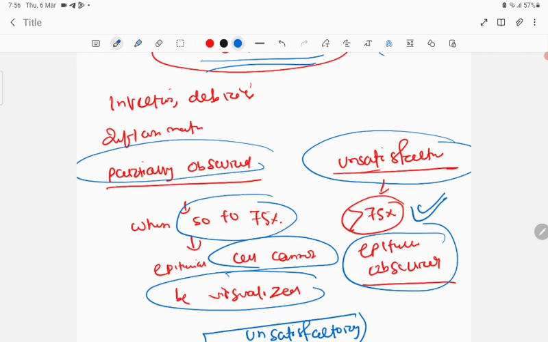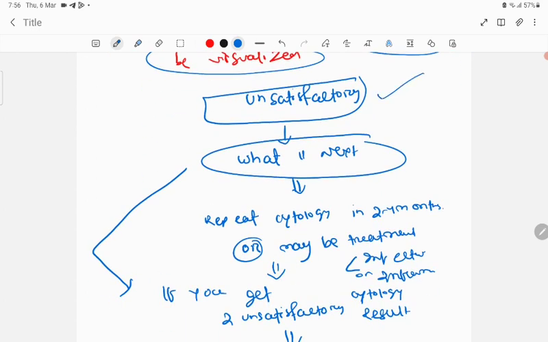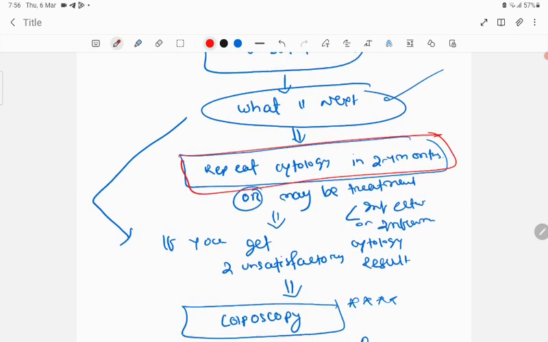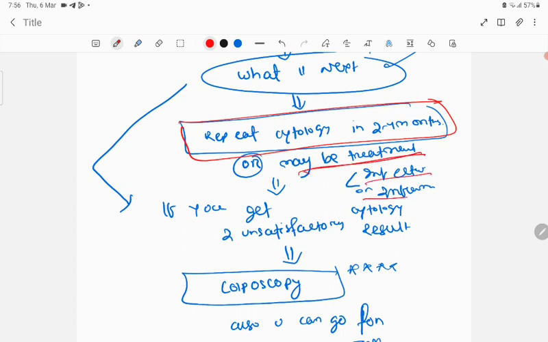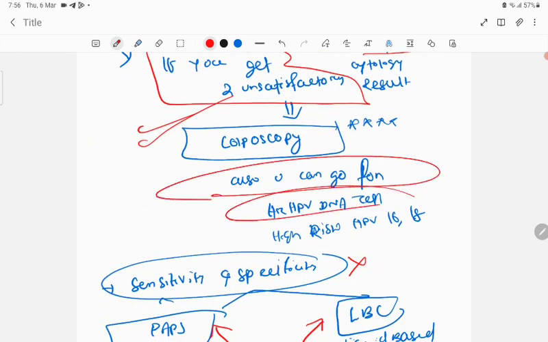If obscuring cells are 50 to 75%, that is partially obscured. If more than 75%, it is completely obscured, that is unsatisfactory. What is the next step if it is unsatisfactory? You repeat the cytology test after 2 to 4 months, or maybe give treatment for infections and inflammations. If you get two unsatisfactory results, then you go directly for colposcopy, or you can go for HR HPV DNA testing, high risk HPV 16 and 18.